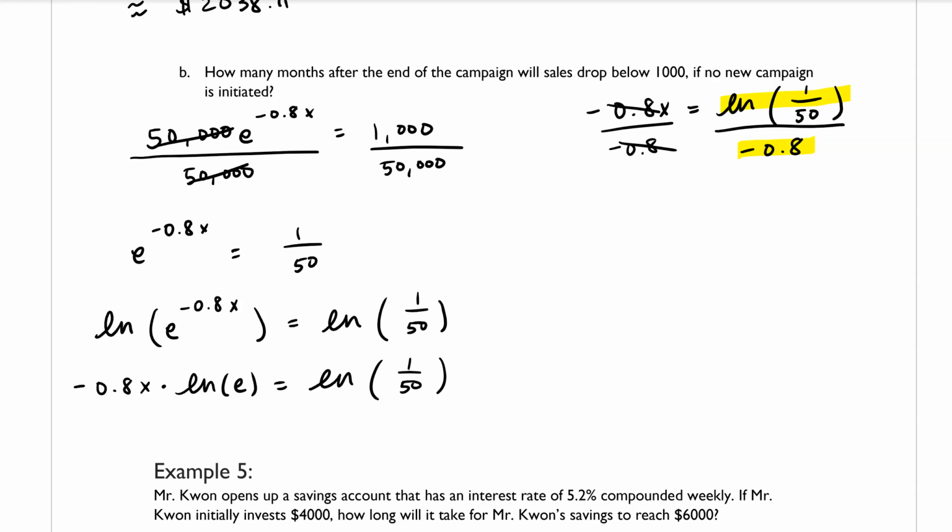But if you don't believe me, plug that into your calculator. So if you throw that value into your calculator, you should get about 48.9. I'm going to round that up to about 49 months after the end of the campaign.